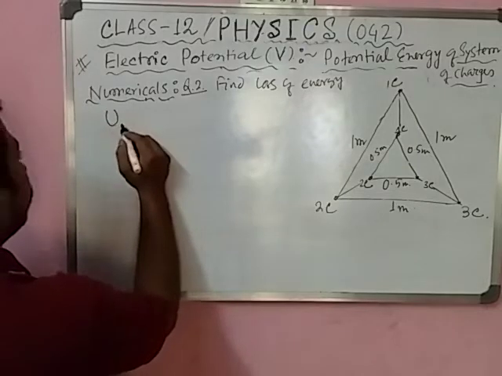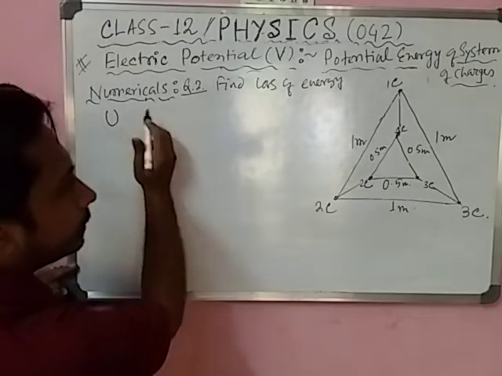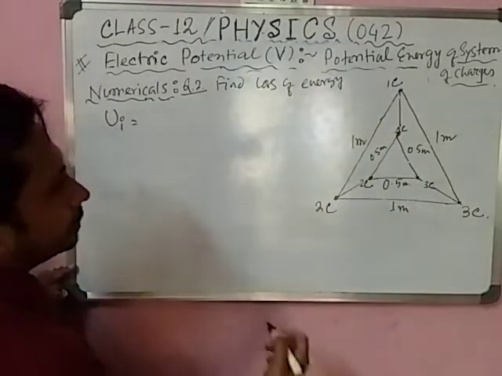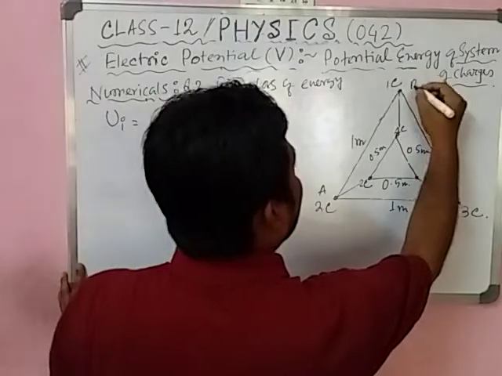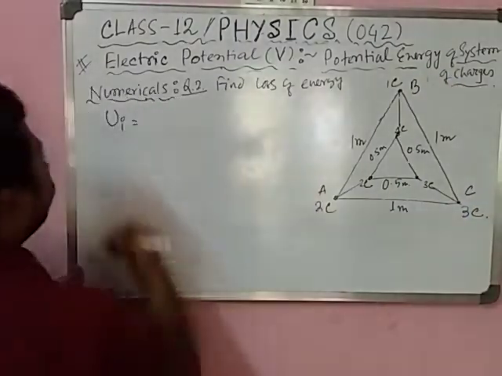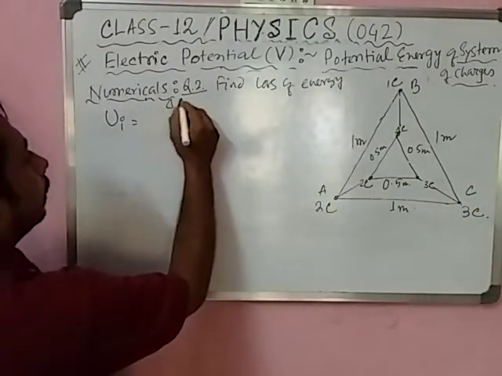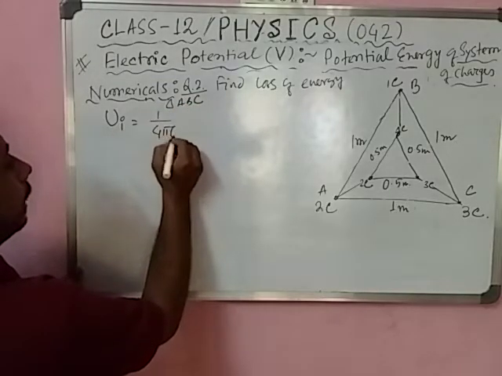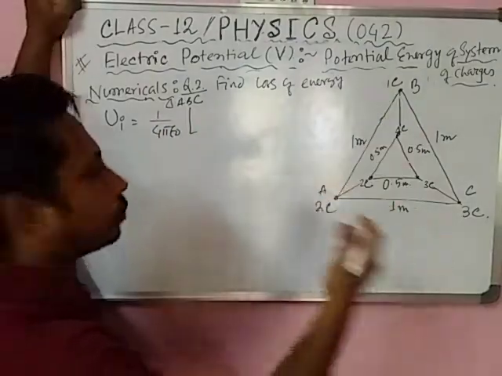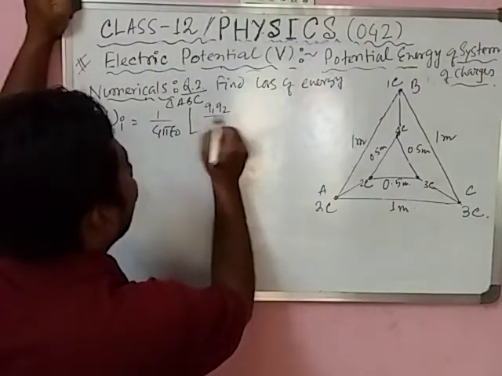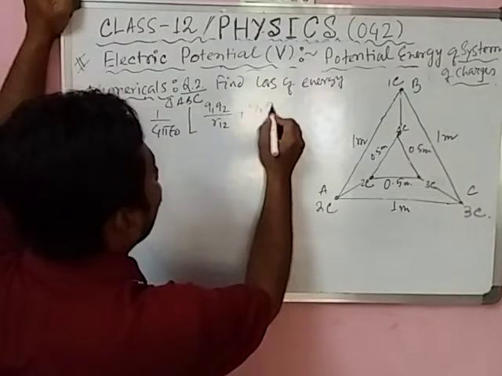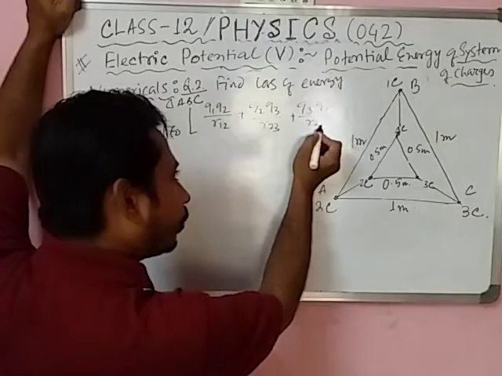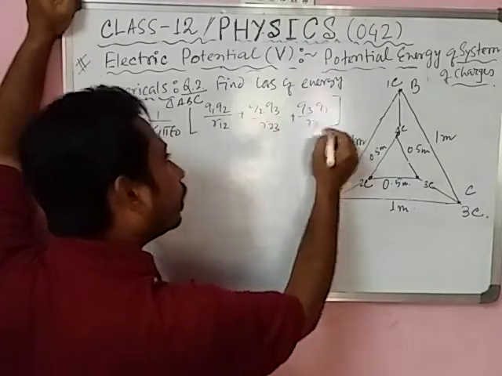So you can write U, the initial potential energy when there is a large triangle, put the names A, B and C. So for triangle ABC, you know the potential formula: 1 by 4 pi epsilon naught. If there is a system of 3 charges, I already told you the formula: Q1 Q2 by R12 plus Q2 Q3 by R23 plus Q3 Q1 by R31, right? Then you put the value.